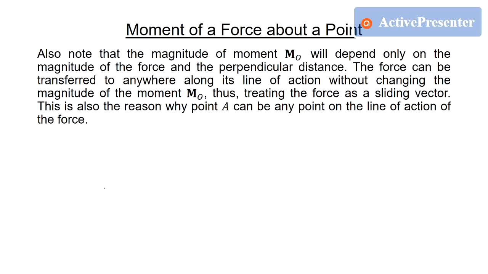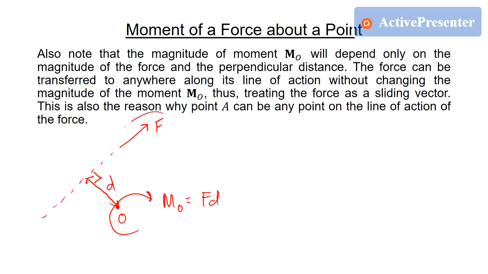What this sentence is trying to say is that if we have a point O and a force F along this line of action, and we know this is the perpendicular distance D, the moment at point O, which is force times distance, will not depend on the point of application of the force.